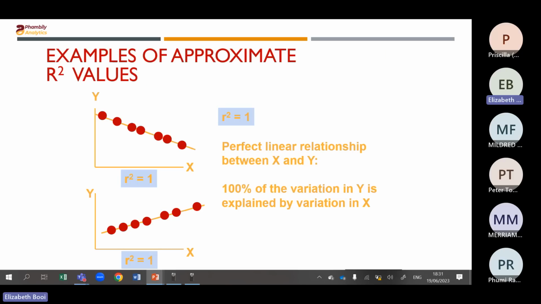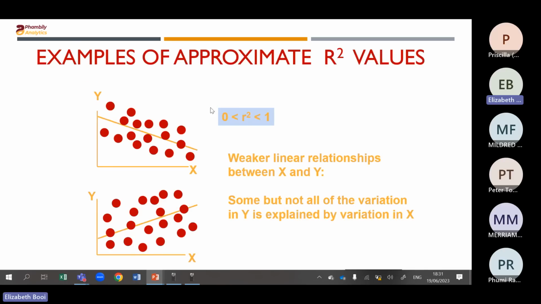So how we interpret it, I've already alluded to this. If your R squared is 1, we say there is a perfect linear relationship, because our R will also be equal to 1. Then we say 100% of the variation in Y is explained by variation in X. If the value is between 0 and 1, so let's say it's 60%, we already did that example.